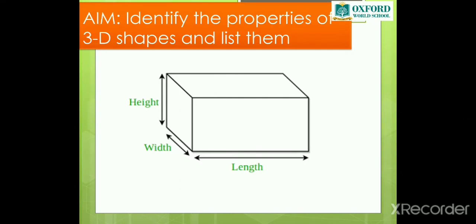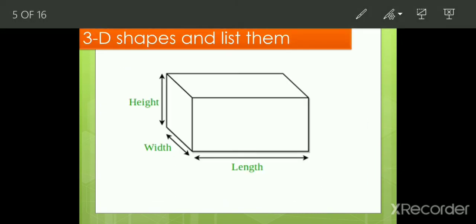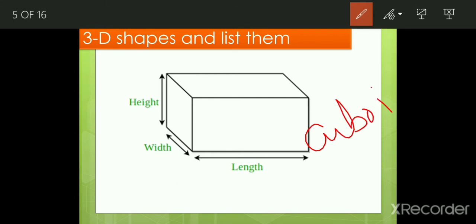So now let us understand what is height, what is width, and what is length. Well, width is also called breadth. So don't get confused between width or breadth, okay? Here's the example of a cuboid on your screen. Now, this part is called length.